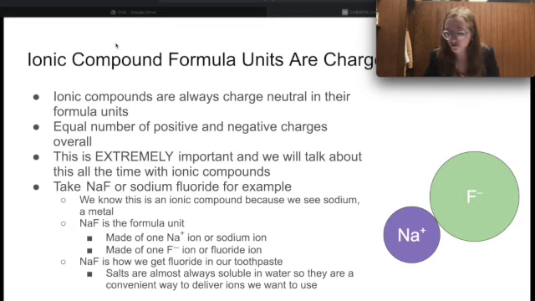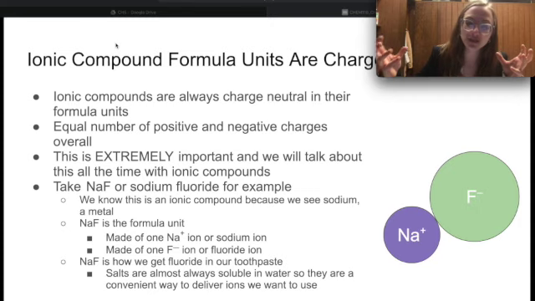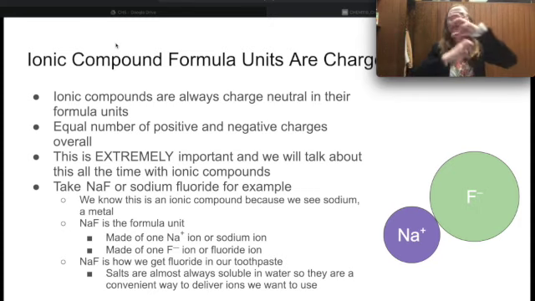So when you have an ionic compound, even though it's made up of these individual positively charged ions, cations, and negatively charged ions, anions, when we add up all of the ions we need to make up that formula unit, we have a charge neutral compound. So the overall number of positive and negative charge, when you add it all up, needs to be 0, or you need to have an equal number of positive and negative charges. You could say it that way as well.